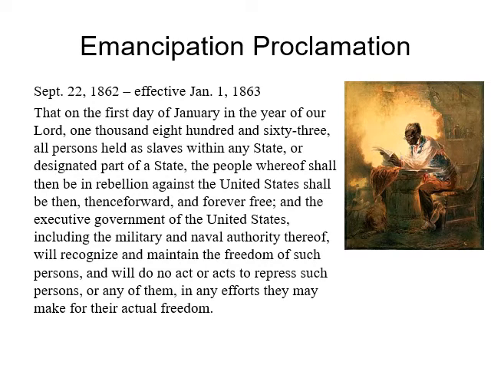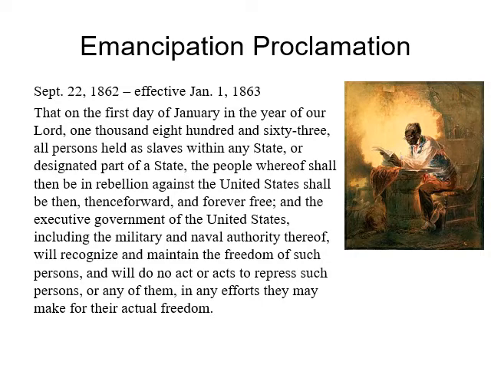Now, some of the more interesting and important executive orders in American history. The first one that obviously stands out, hugely interesting and important, is the Emancipation Proclamation. It was issued in 1862, and it said that on the first day of January in the year of our Lord, 1863, all persons held as slaves within any state or designated part of a state, the people whereof shall then be in rebellion against the United States, shall be then, thenceforward, and forever free.